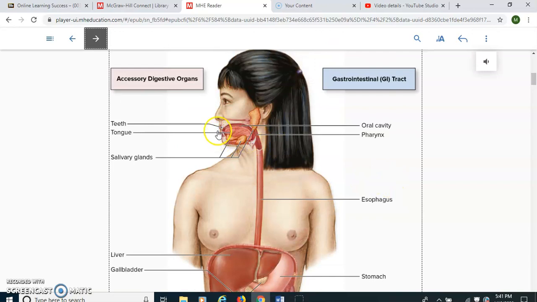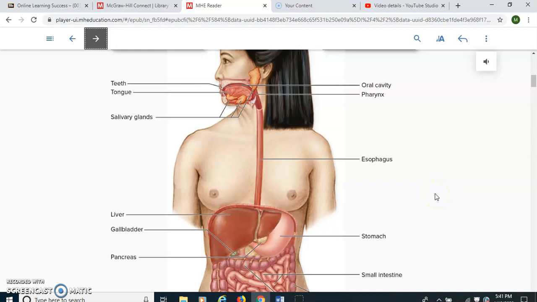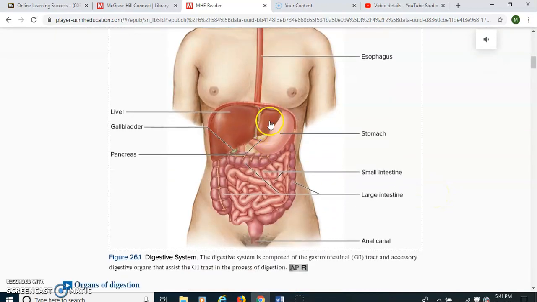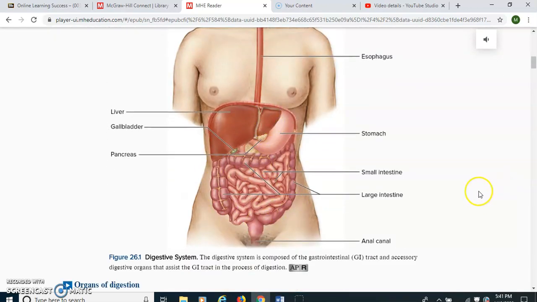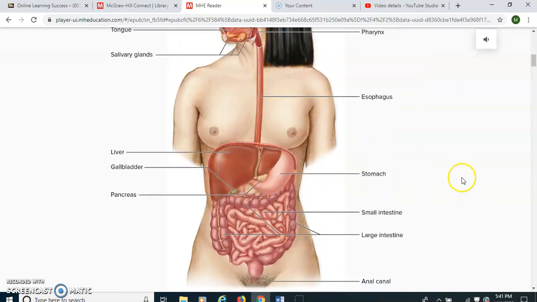So we have this tube that passes through our body, and it doesn't go in a straight line. It's kind of a modified tube, because it's not a straight tube going directly from mouth to anus. It takes little turns and twists. But the food is definitely passing through and along each one of these structures.